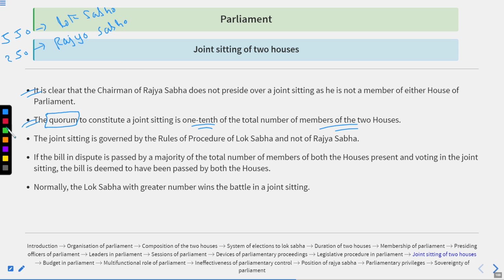Generally, in the individual cases, 1/10 of the Lok Sabha and 1/10 of the Rajya Sabha must be present to maintain the quorum. But when we call the joint sitting, we combine them. It means that there are a total of 800 members.